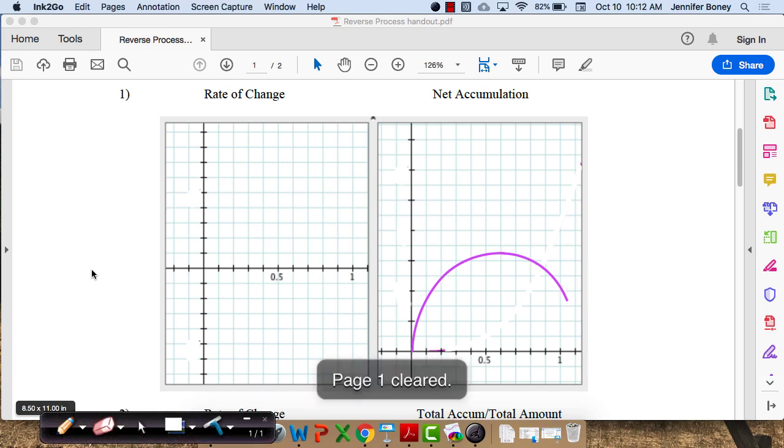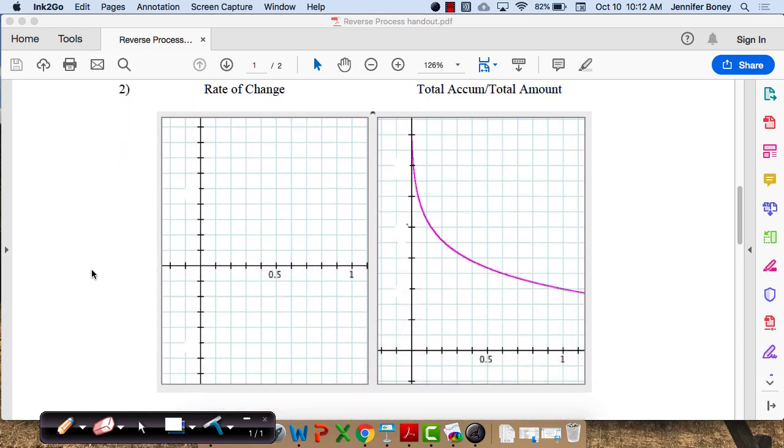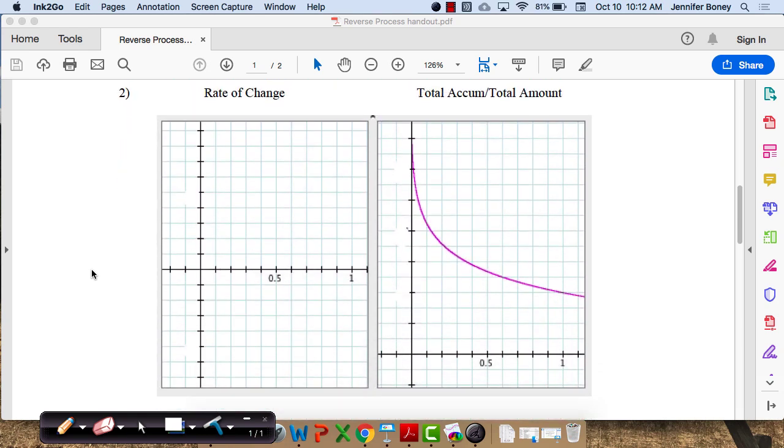So the next graph, I'll go back to the exact in a second. The next graph, if I were to do the same sort of process here, trying to think about approximate rates of change and approximate accumulations and graph them.